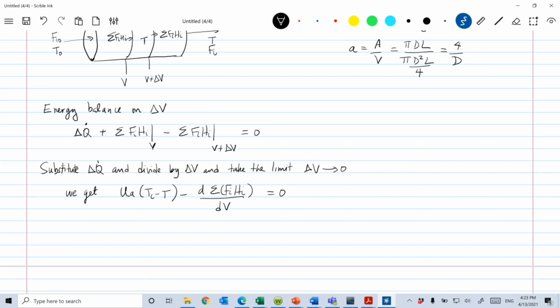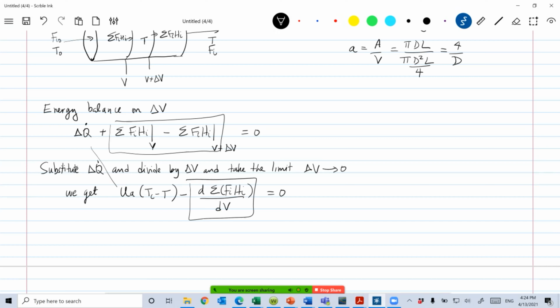If you take this derivative, divide by delta V and take the limit, you just get minus, because it's minus this plus this, so it's minus d/dV of the sum of FIHI. And then you replace delta Q with what it is right here.